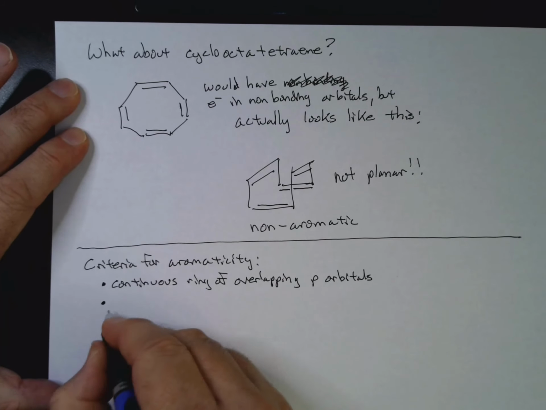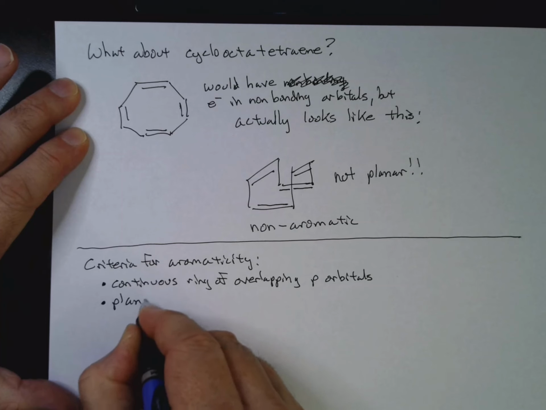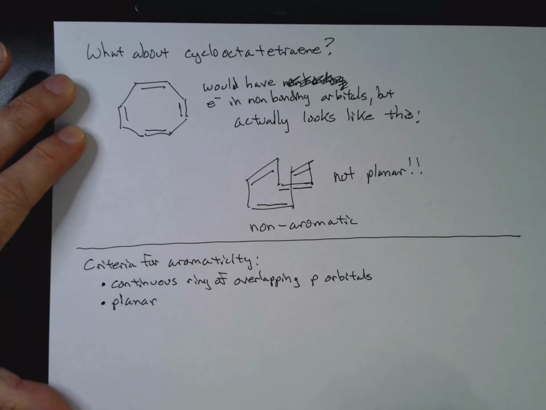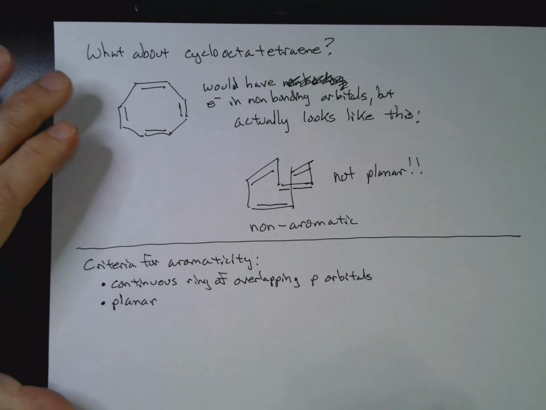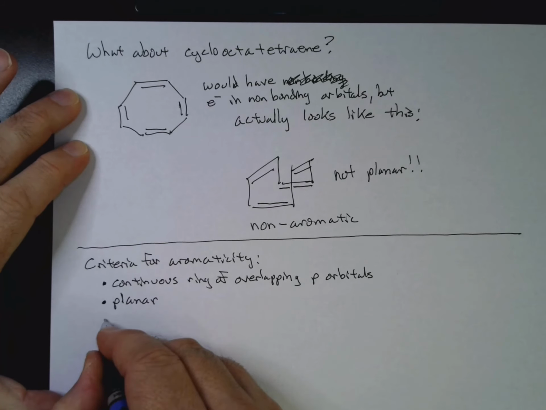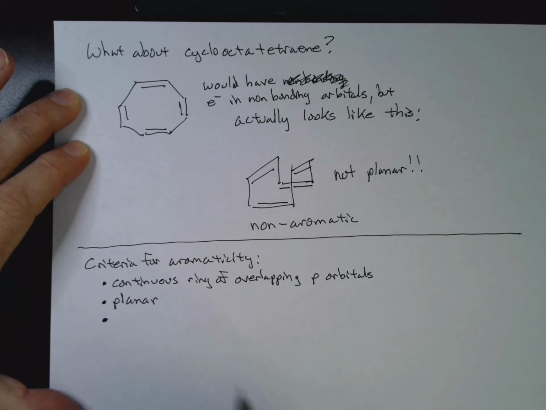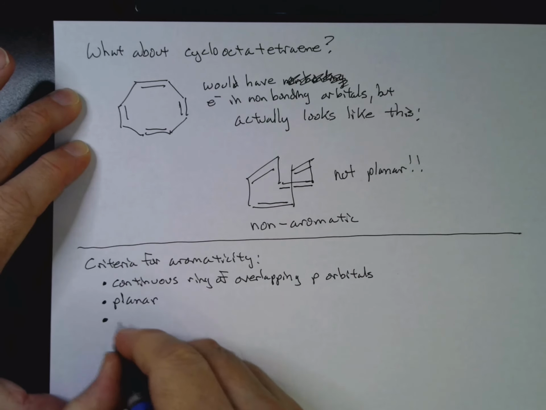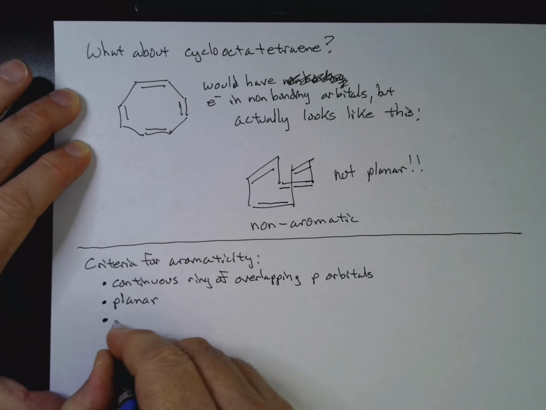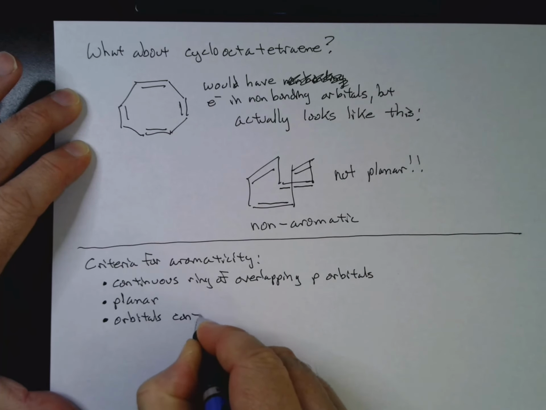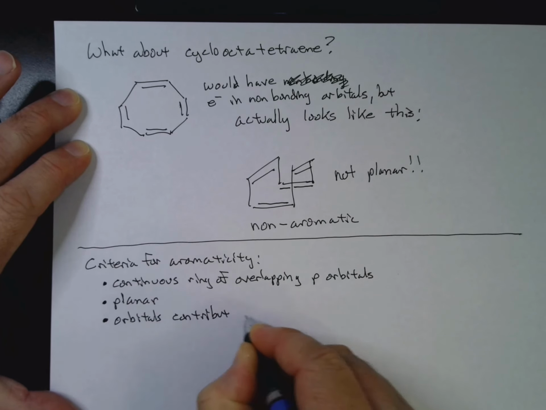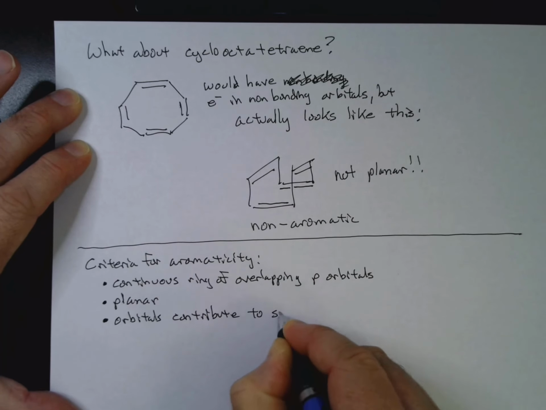The system must be planar. And these overlapping p orbitals must contribute to stability.